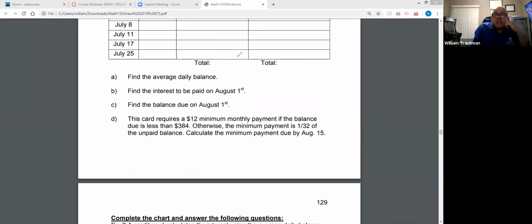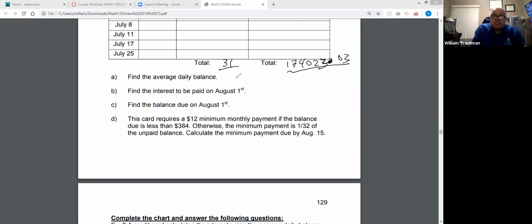Well, the average daily balance, this was 31 days. This was 174,023.03. See, when you multiplied each daily balance times the number of days, this is the number of days.